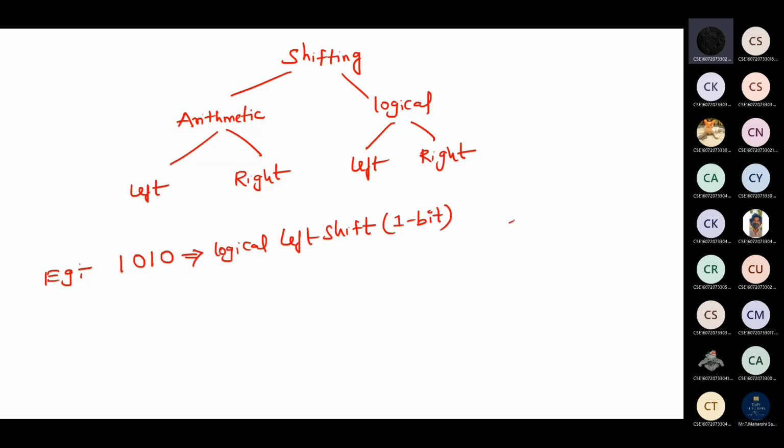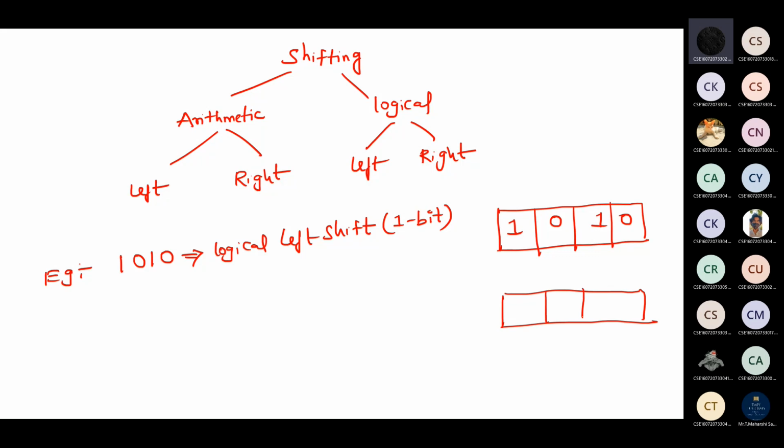So take 1010, which is a register storing 4 bits of information, or you can simply say a register is a group of flip-flops. I want to perform left shift by 1 bit position. If you perform left shift, this leftmost 1 will go away, whereas the bits each move one position to the left. Here it will be 1 and this one will be 0.